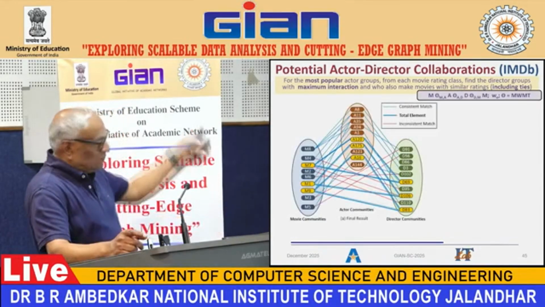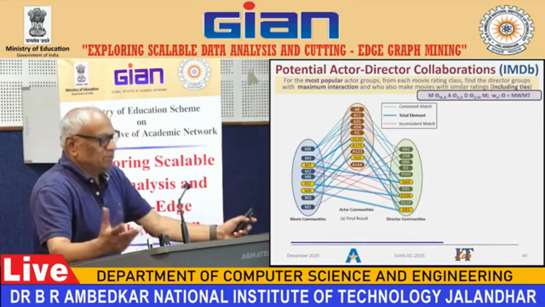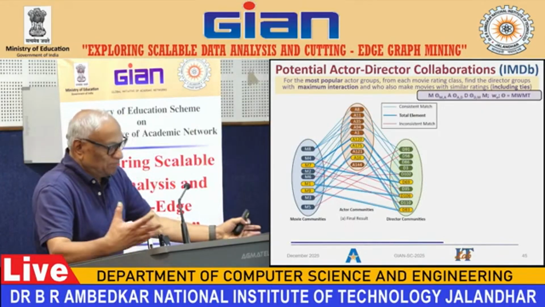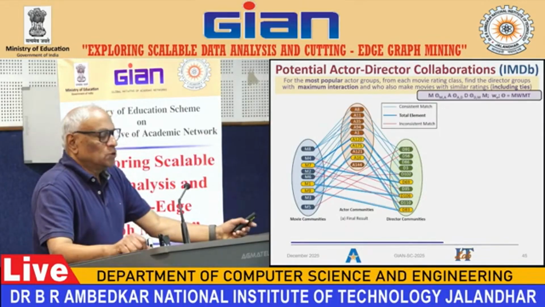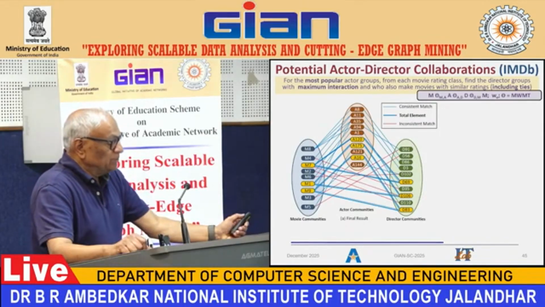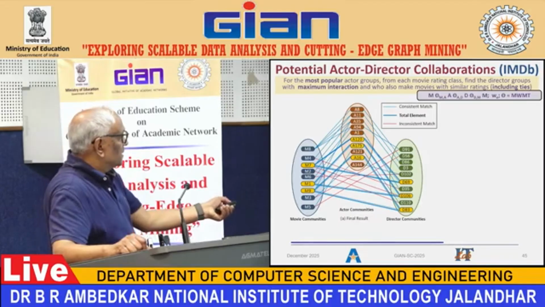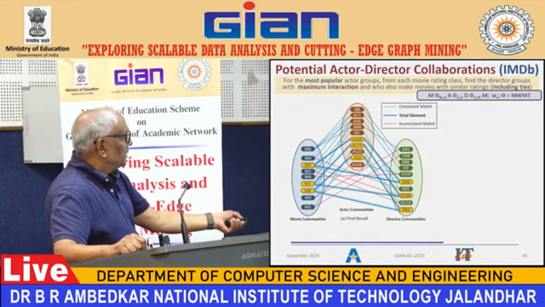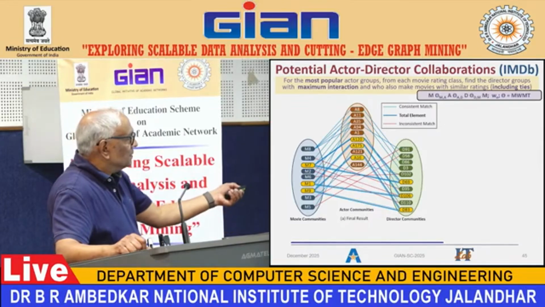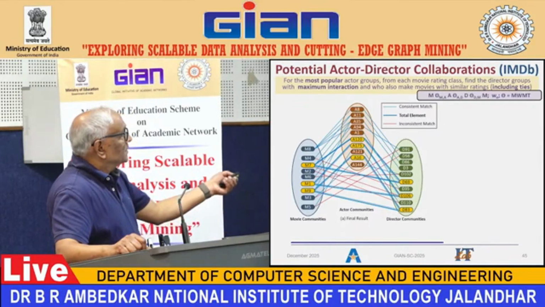And this is our visualization. As I keep saying, this is generated more or less manually. We get data because there is no tool to generate this kind of thing. What this shows is these are the communities within a layer. This is a movie community, these are actor communities, and these are director communities. These links indicate the most popular actor groups.